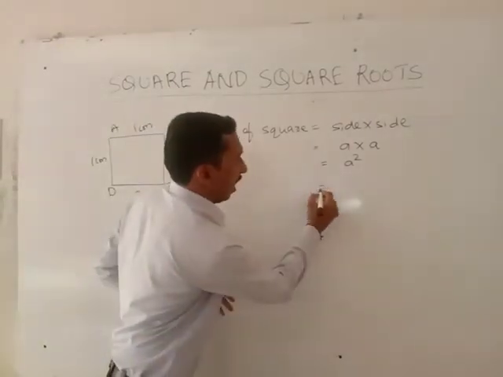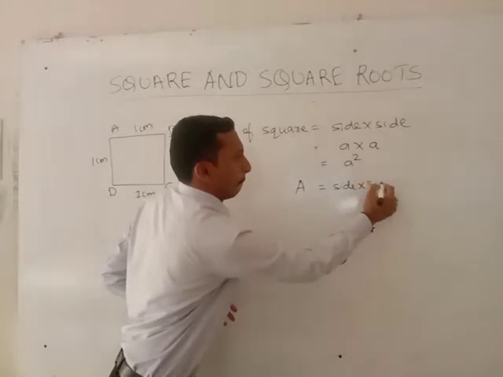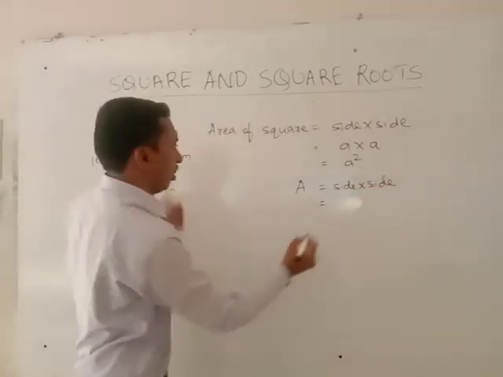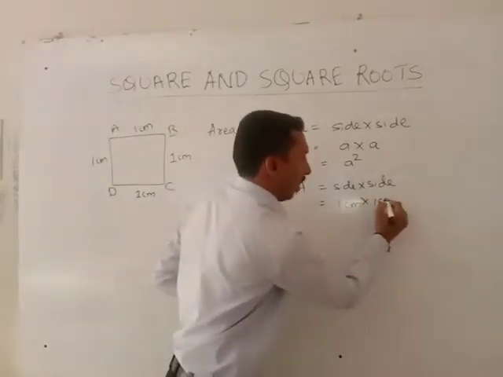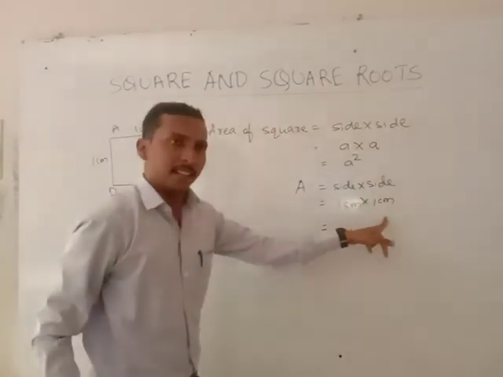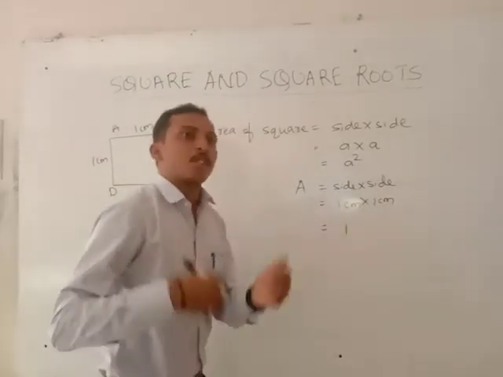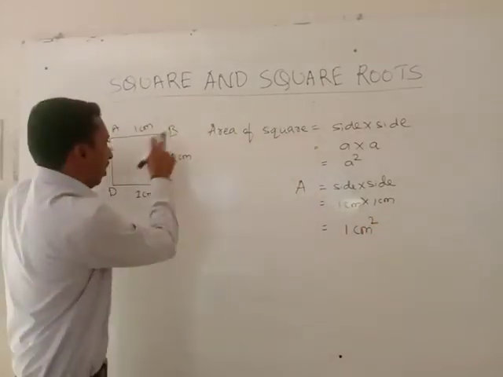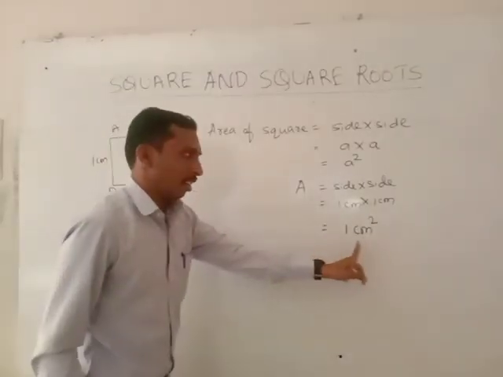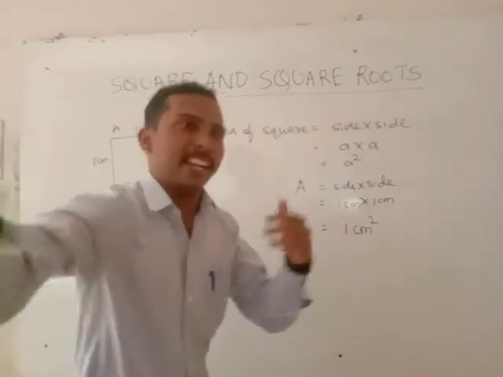The area of the square is side into side. The side is 1 centimeter into again 1 centimeter. So 1 into 1 is 1 centimeter into centimeter, that is, square centimeter. So the area of this square is 1 square centimeter.